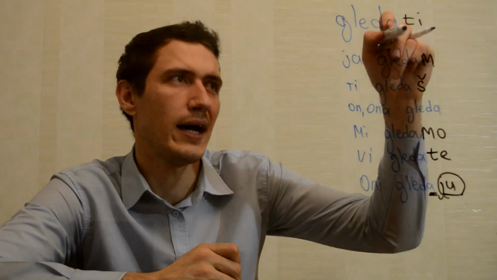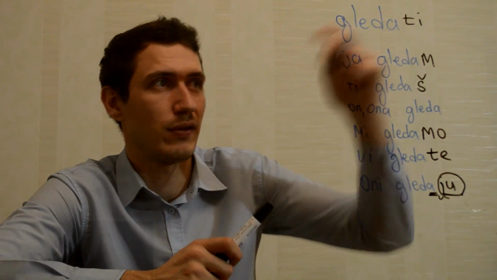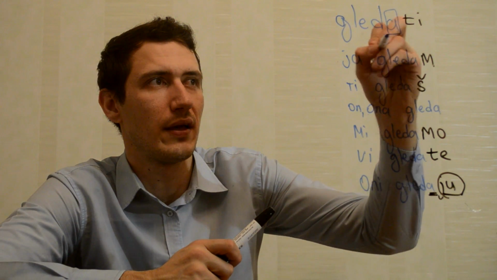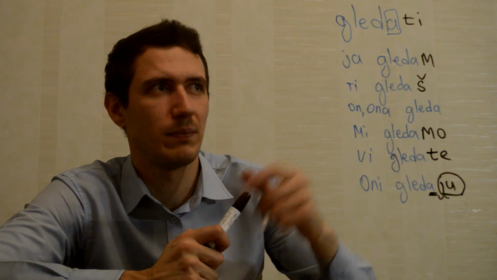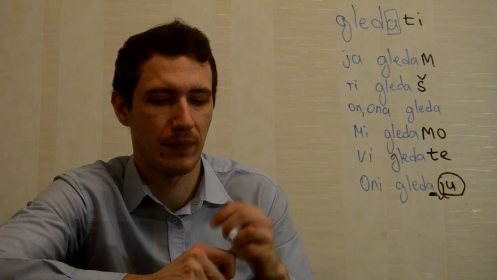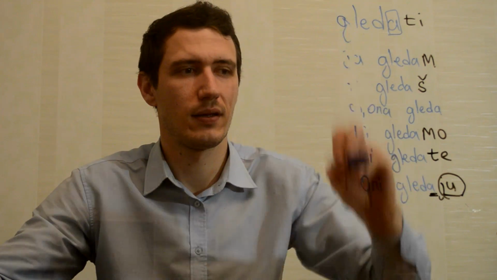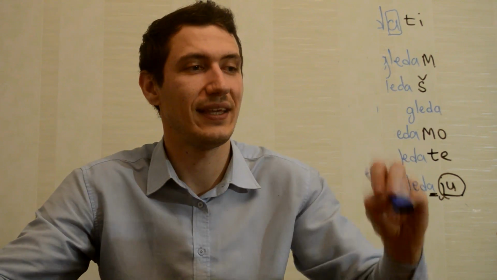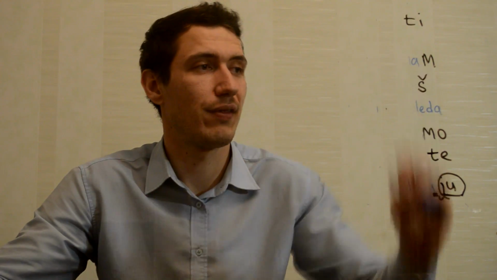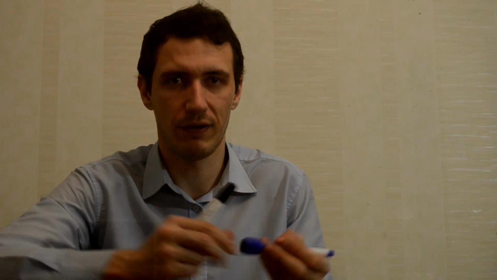For example, gledati, the last letter before the T is A. The word before was pričati, also A. But there are verbs like misliti, ending with E. And for them, we will be using the same endings for most of the personal pronouns, but a different ending when we say third person plural, when we say oni.